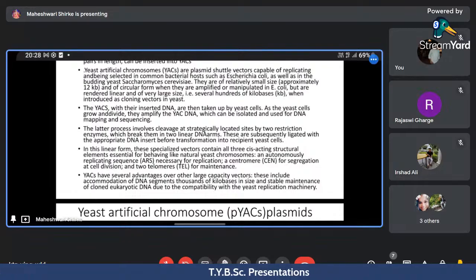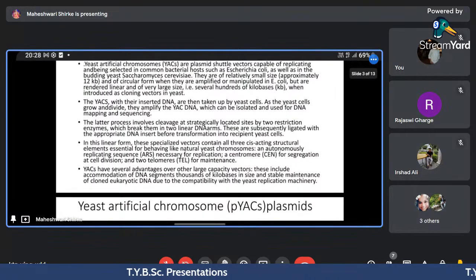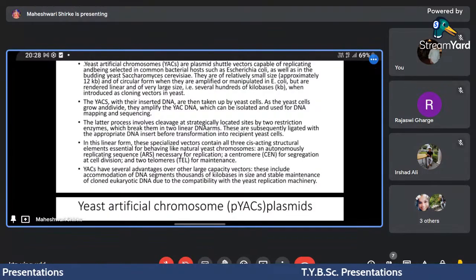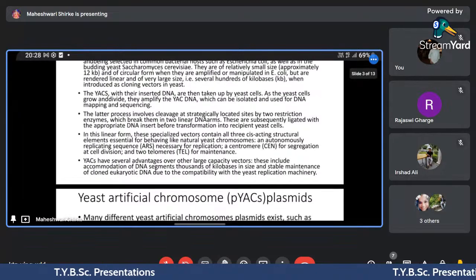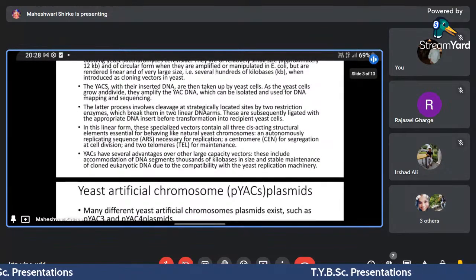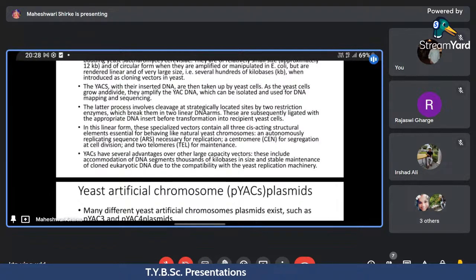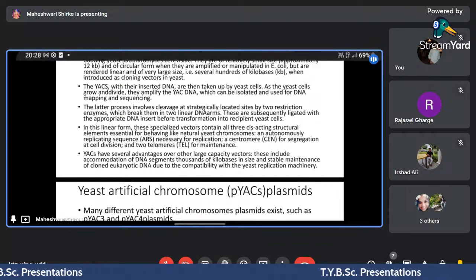They are relatively small in size and circular in form when they are amplified or multiplied in E. coli, but are rendered linear and of very large size, hundreds of kilobases, when introduced as cloning vectors in yeast.